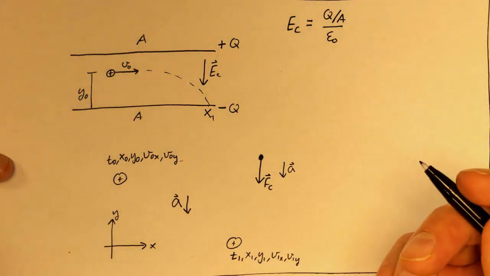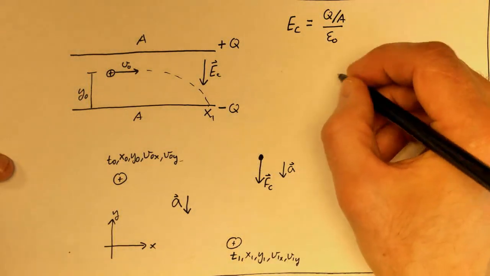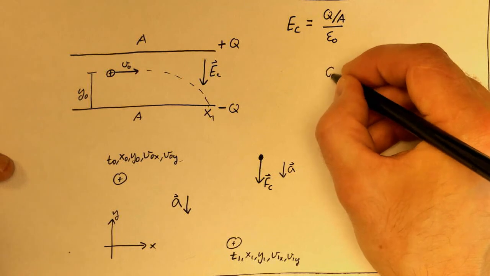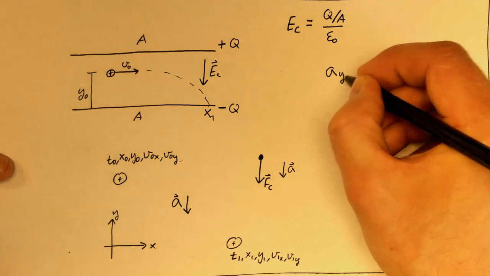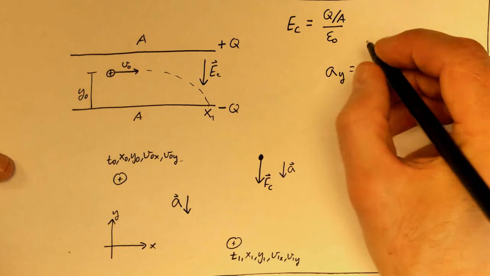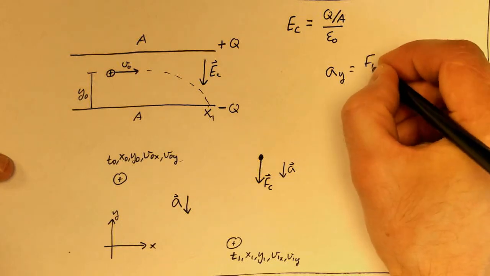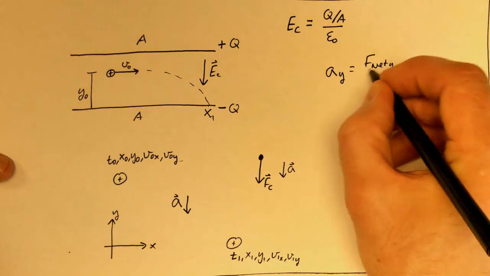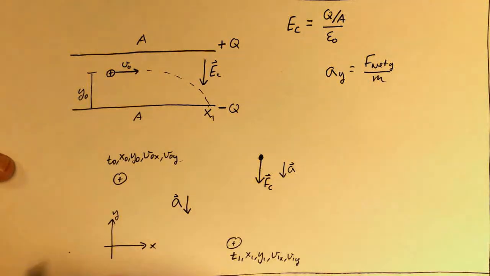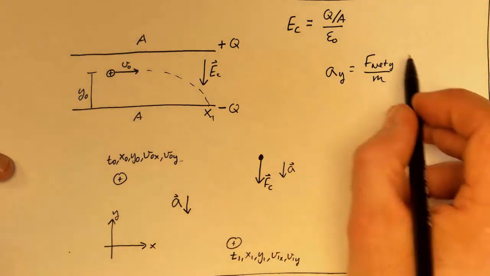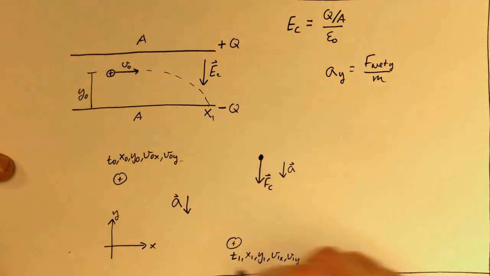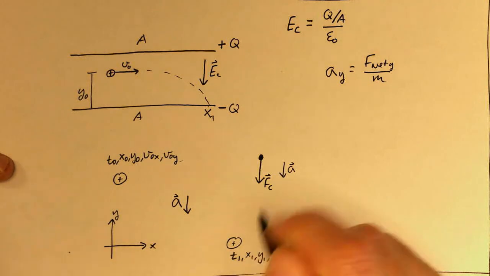And now I can start relating things. First of all, the acceleration that I need, I'm going to call it a_y, is going to be equal to F net y divided by m. I'm writing Newton's second law this way to make that explicit connection to a_y.